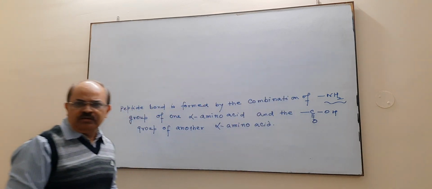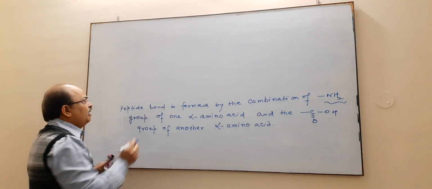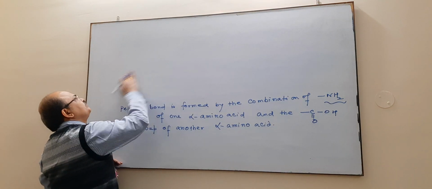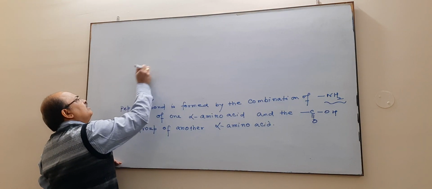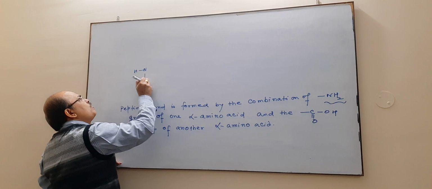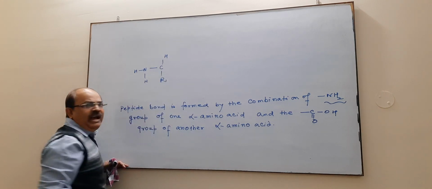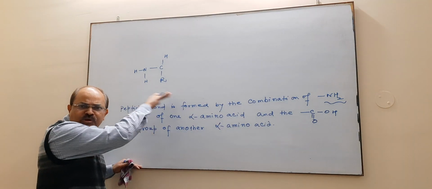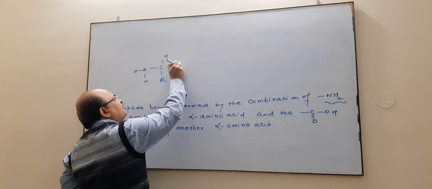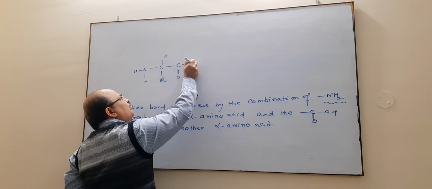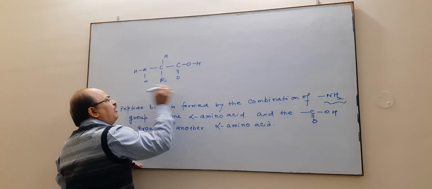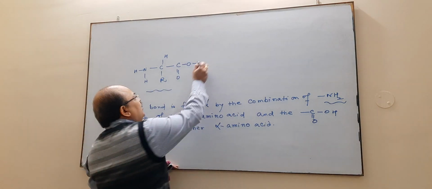What is this actually, your peptide bond? Suppose we have an amino acid of this type, say this is NH2, carbon, hydrogen and this is the side chain. Side chain को हमने इधर कर दिया and this is your carboxyl group. So this is one alpha amino acid.